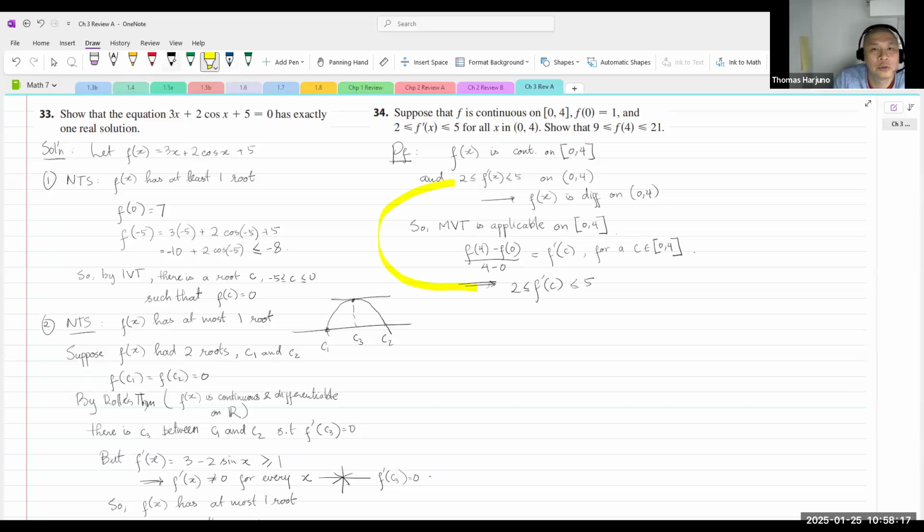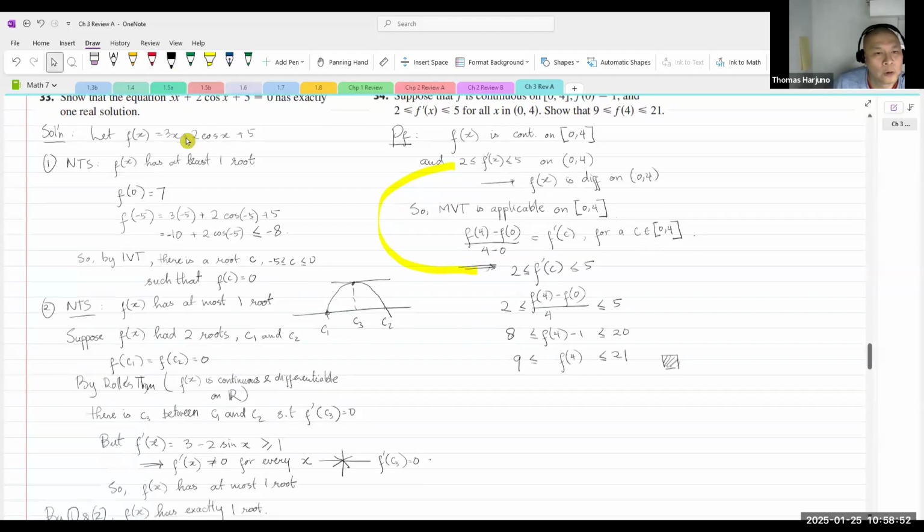Now I substitute f prime c with f4 minus f0 over 4 minus 0, which is less than 5 but greater than 2. Multiply by 4. But what is f0? f0 is 1. Multiply by 4, and then I add 1. So f4 will be between 9 and 21. That's what we expect. Okay, that's for number 34.